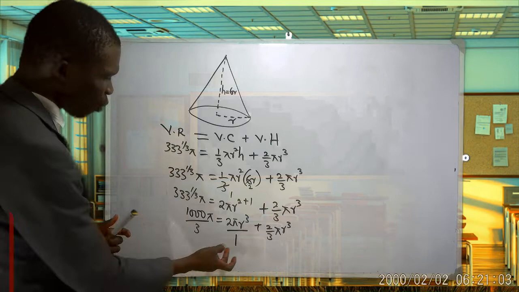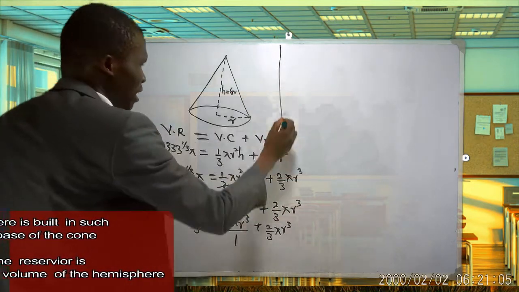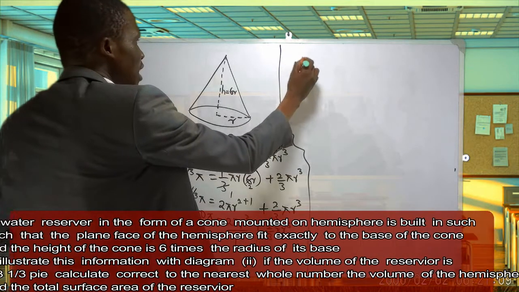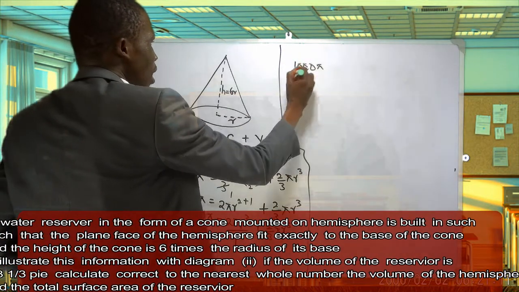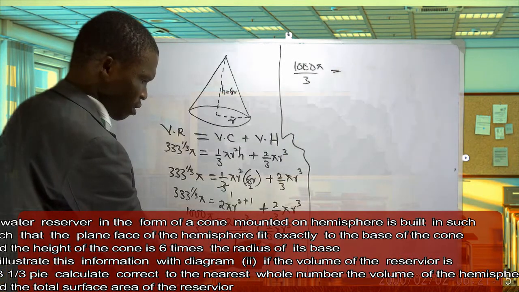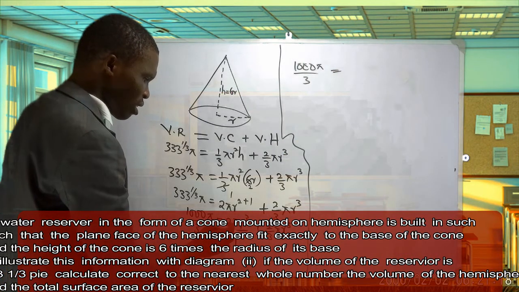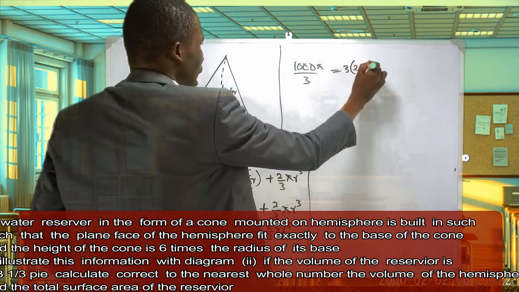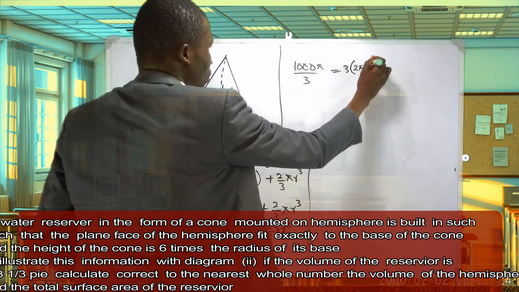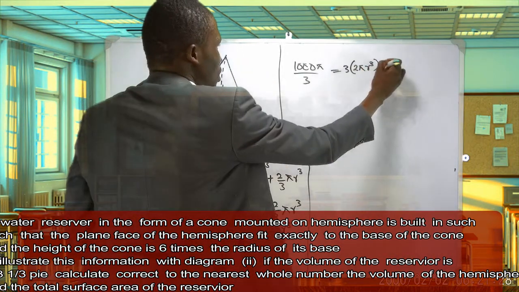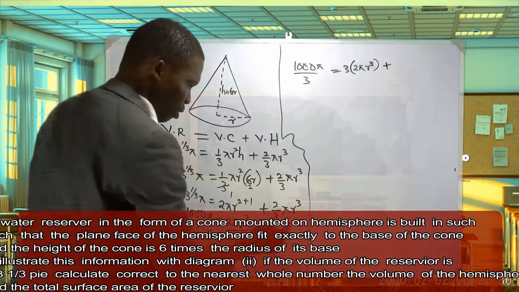Now, let's manage this side. We are going to have 1000 pi all over 3 equals 3 multiplied by this: 3 brackets 2 pi r cube, plus this one multiplied by this.